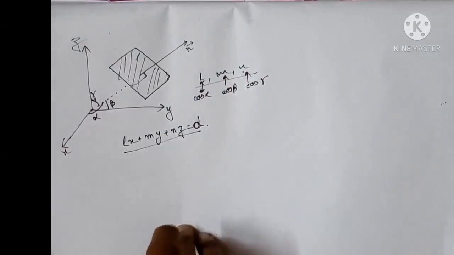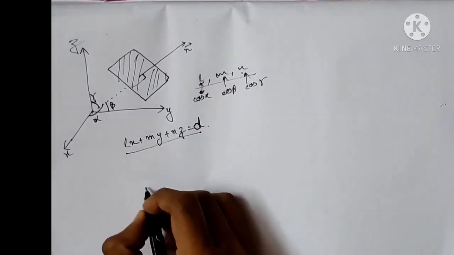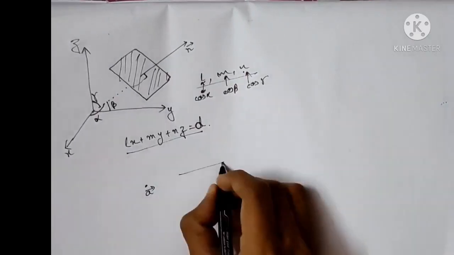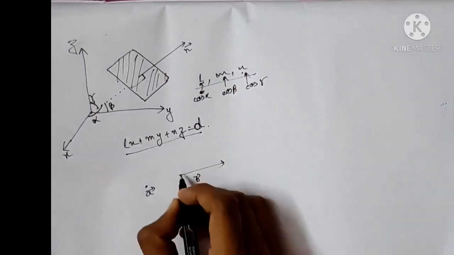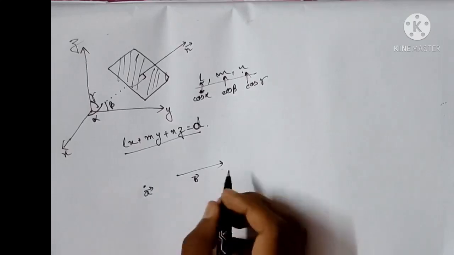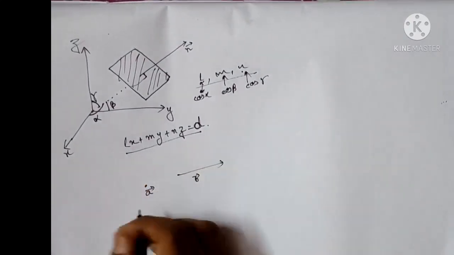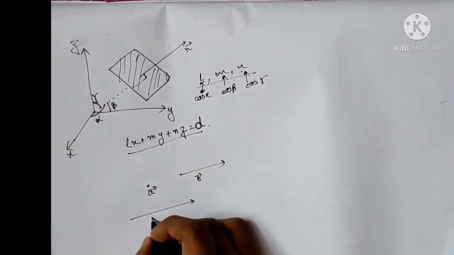One more thing is that they also said that we need a point, A vector suppose, and a parallel B vector, that is this one. Like this we will have these two vectors and form a line, that is R vector.